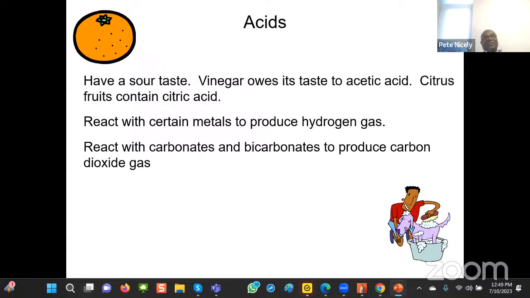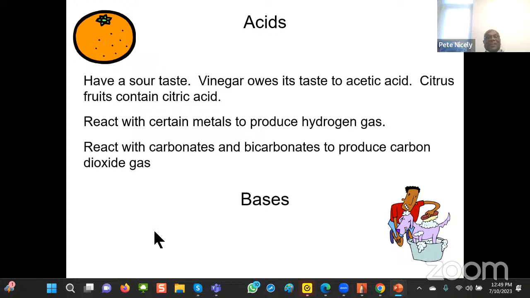If you take lemon juice or vinegar and add it to baking soda, which contains the bicarbonate ion, you're going to see foaming due to gas being formed, and that gas will be carbon dioxide, all right? That's something fun that you can try at home to see that reaction. So that's a general, brief description of the properties of acids.